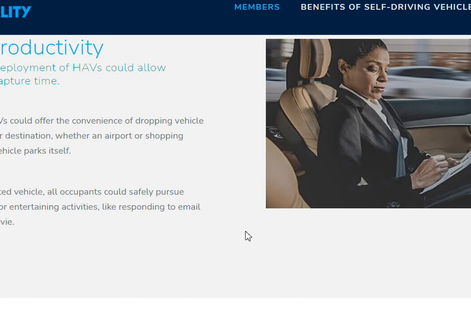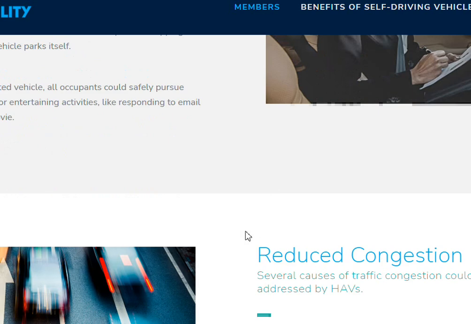In a fully automated vehicle, we could safely pursue more productive or entertaining activities like responding to mail or watching a movie and so on.